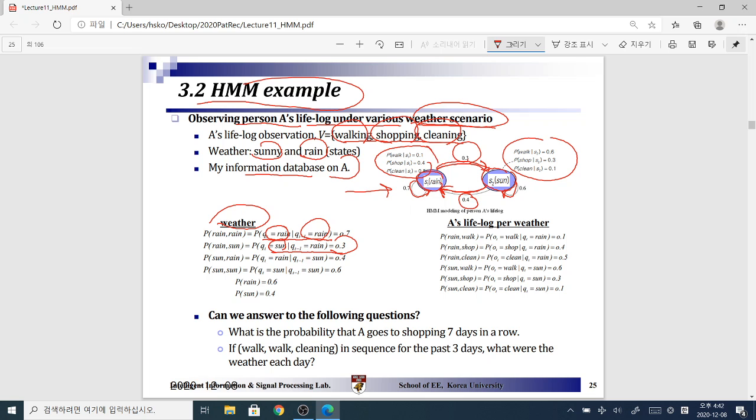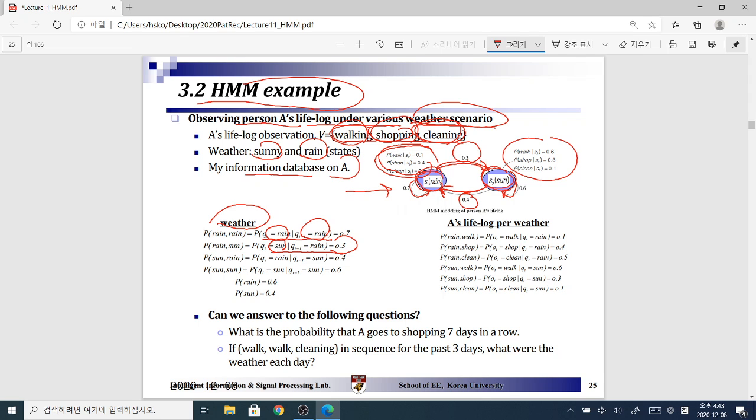And once again, for each of the two states, we have the emission probabilities, meaning the probability of one of these three activities is shown here.